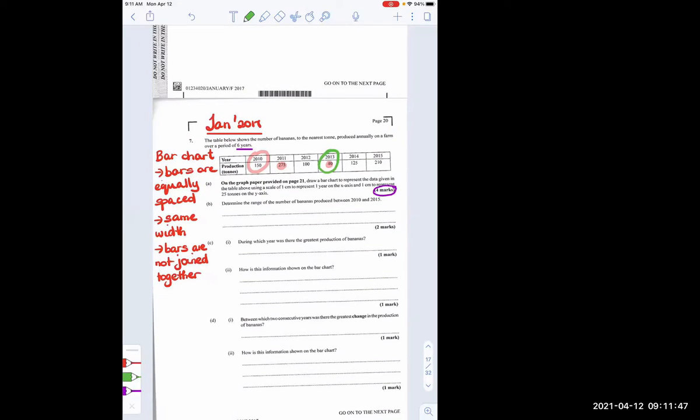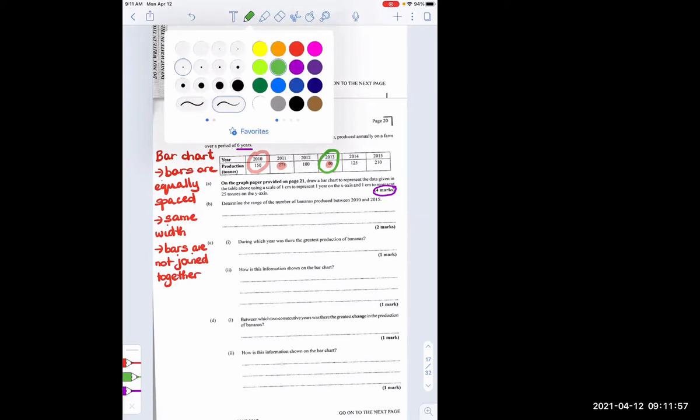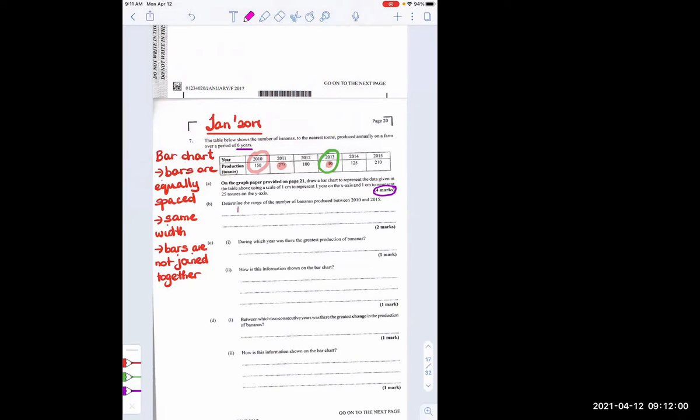Determine the range of the number of bananas between 2010 and 2015. So take out your mathematics book and write down this formula for me. The formula for range. Can anyone tell me what is the formula for range?